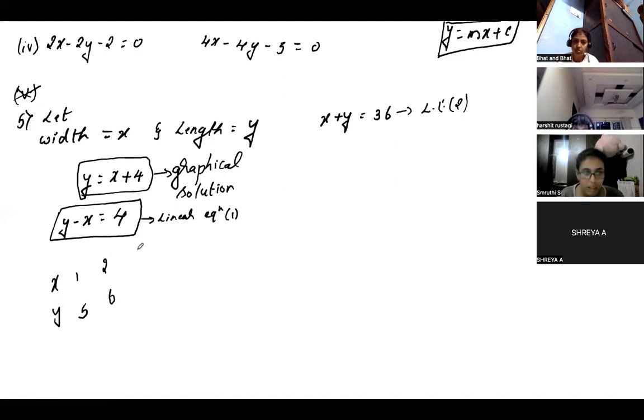Take one more. And 3 and 7. So if you take 3 here, it becomes 7 here. And for this one, y is equal to 36 minus x. For this, I took when x is 12, y is 24.